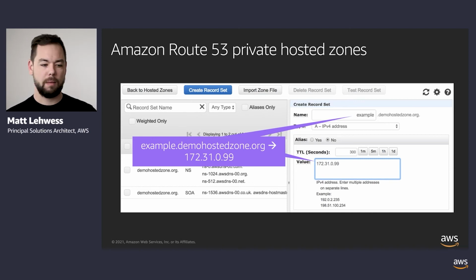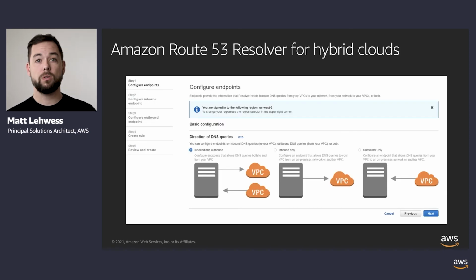So you can have my example site associated with, in this case, an A record of 172.31.0.99, where essentially that A record is associated with our example demo host name, DNS name. So quite useful there. We also have Amazon's Route 53 resolver for hybrid clouds, where you can essentially configure endpoints for inbound and outbound DNS queries into your VPC. So that's quite useful too.